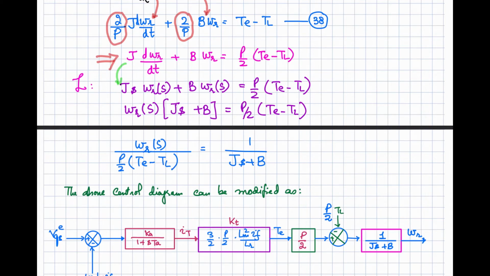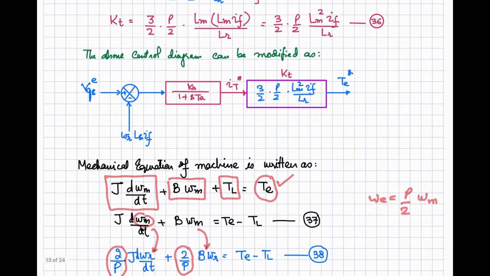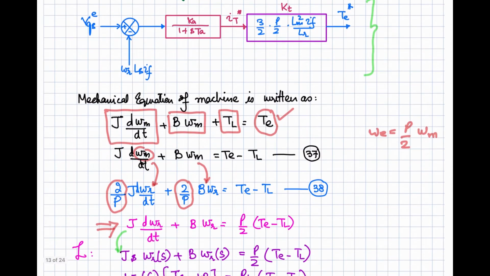We can also represent it like that, with the subscript m representing the motor inertia and the motor frictional coefficient. Now incorporating this equation in the control diagram that we were developing, this is the control diagram. So now we can relate this torque with the speed omega m using this mechanical equation.